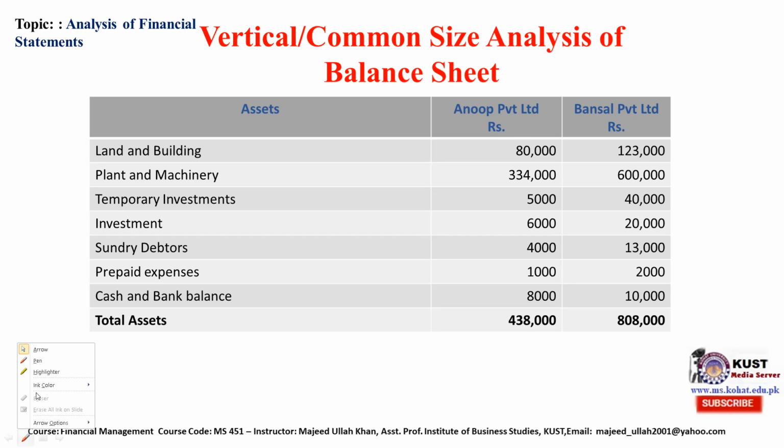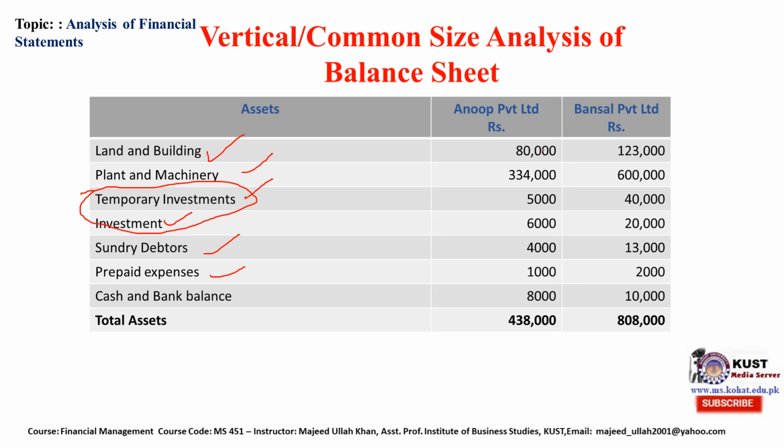In assets, let's start from non-current assets: land and building, plant and machinery, temporary investment. These investments are considered short-term investments. Then sundry debtors, prepaid expenses, cash and balances.